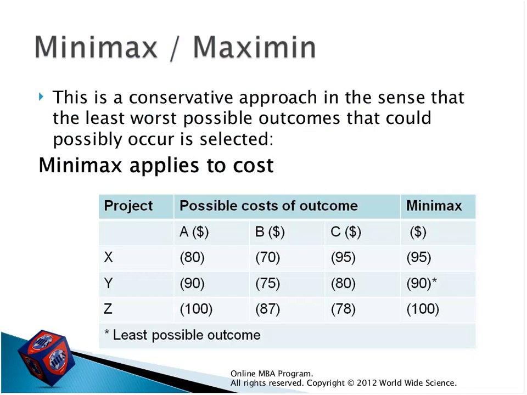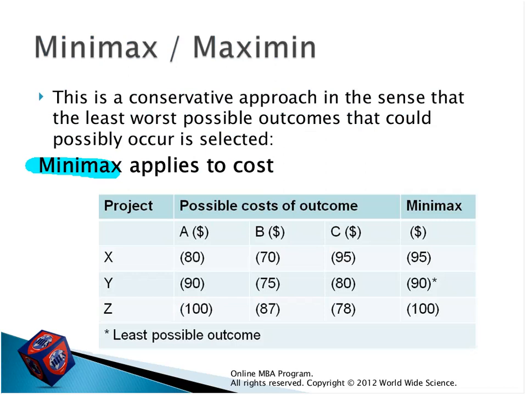For example, we have some projects, and we have to choose one project from a few different ones. How can we do it? In a simple way, using the Minimax criteria, which applies to the cost, like how much we invest in the project. Let me show you.